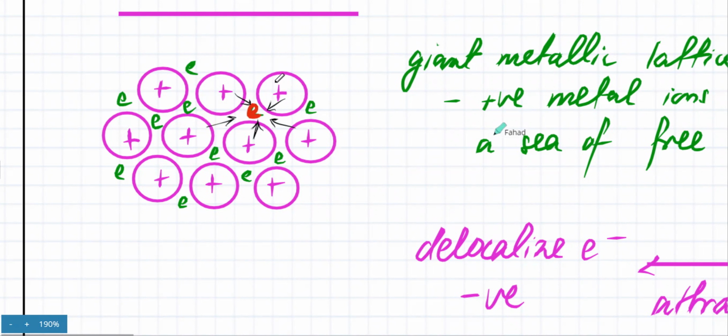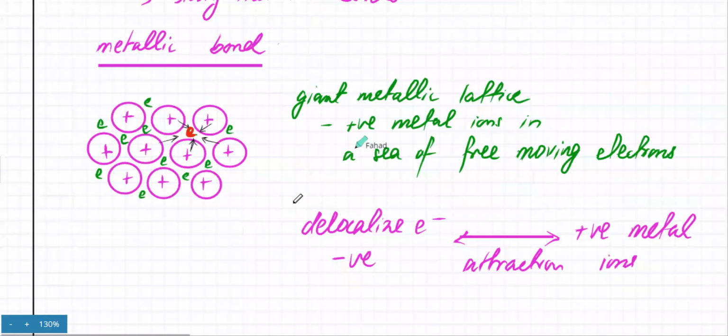So this electron is basically acting as a glue. It's keeping all the positive ions held together by its attractive force. This other electron is going to do the same. In the gaps, all these delocalized free moving electrons are attracting all the positive ions together. So they're acting as a glue.